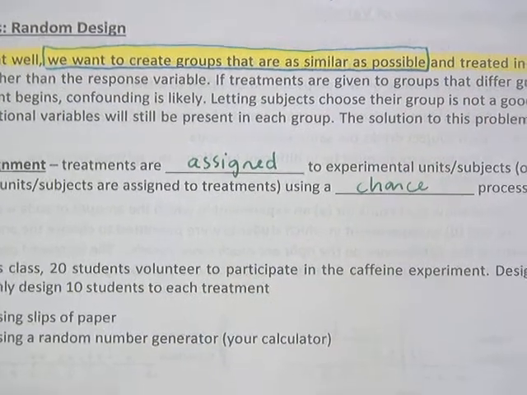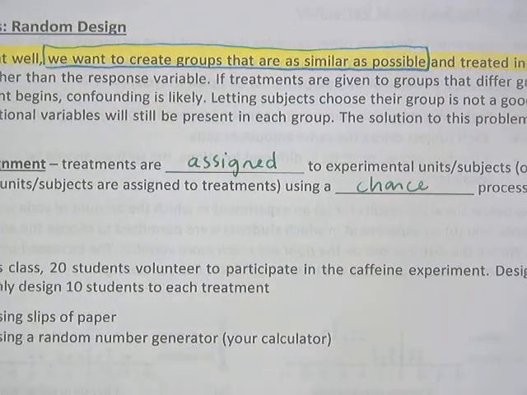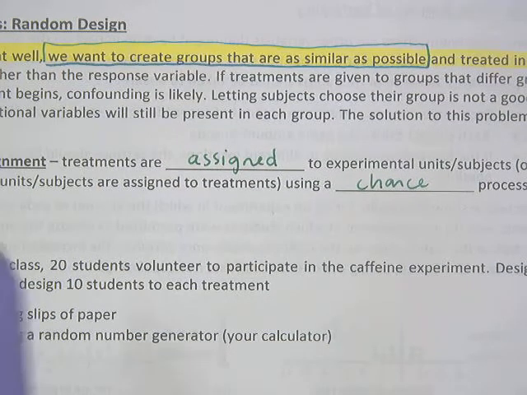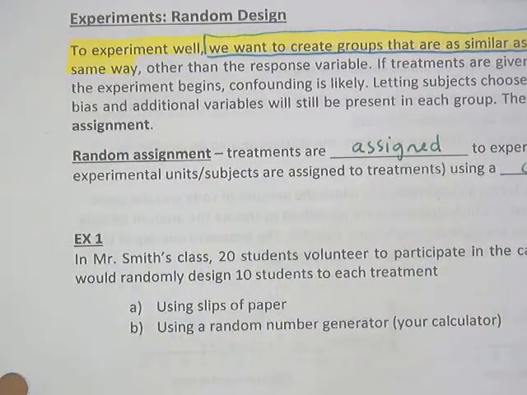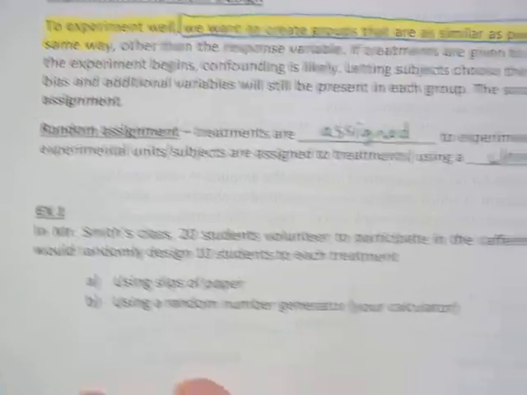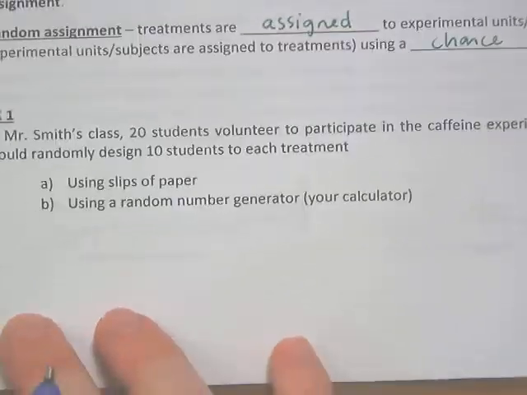That word chance always shows up in our class, especially in the next chapter. I don't think any of you will have a difficult time spotting the definition for random assignment on a test or quiz, okay? That's pretty obvious. It's when treatments are assigned at random using a chance process.